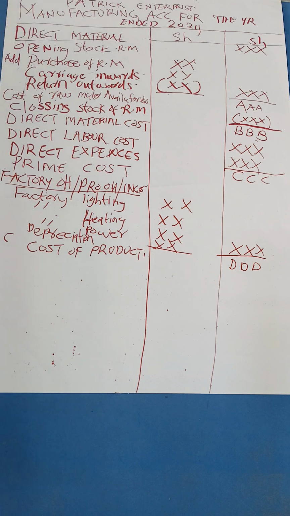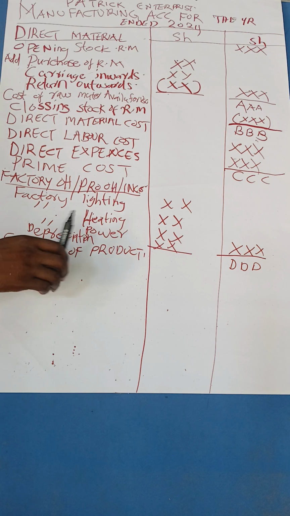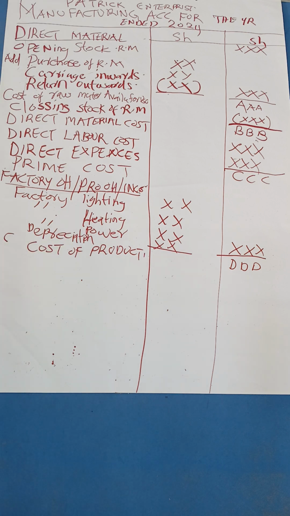I will come up with a question and you'll learn more on that. So you'll do the apportionment here so that you can account for them separately. In case you get percentage form, just do the apportionment.